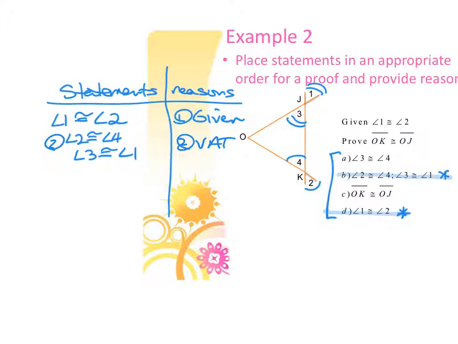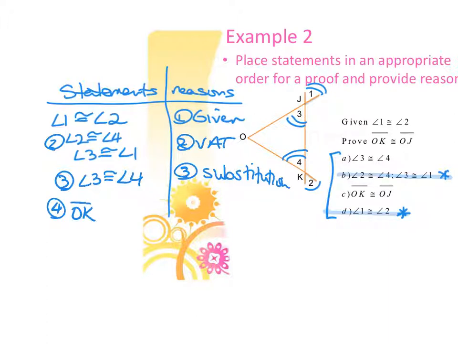Notice C is what I'm trying to prove. So I'm going to state A, which is going to be substitution. They're going to substitute and make 3 congruent to 4. And that's substitution. And then now that I've shown that the base angles are congruent, I can use my base angles theorem converse and state that OK is congruent to OJ.